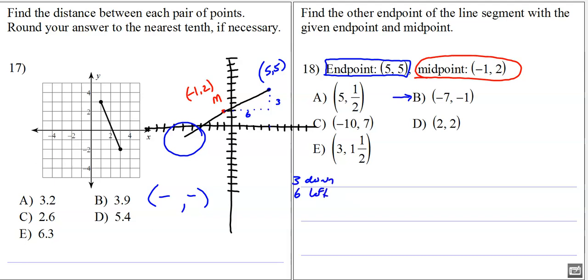So now I got to copy that again from this red dot. 1, 2, 3 down. So that puts me at a height of negative 1. And then 6 to the left. 1, 2, 3, 4, 5, 6. Well, that's over here at negative 7. And so I can get it that way. There's an algebra way too, but I don't think the majority of you are using that way. So I'm just going to kind of stick with these two methods.